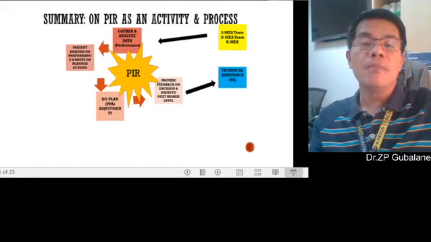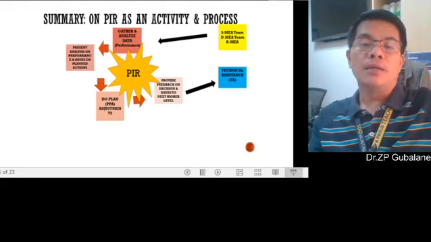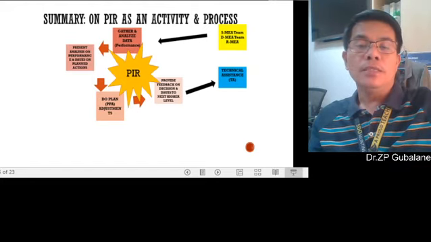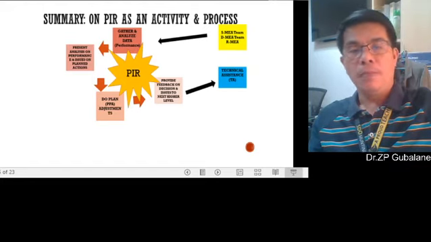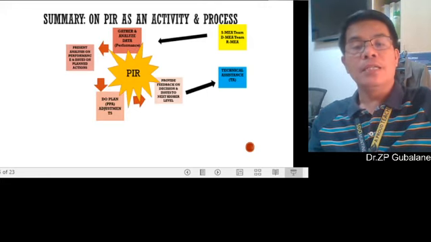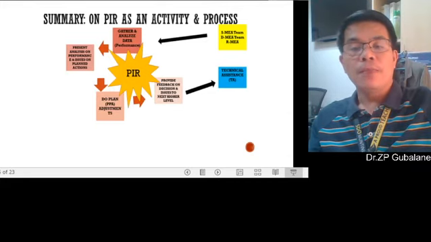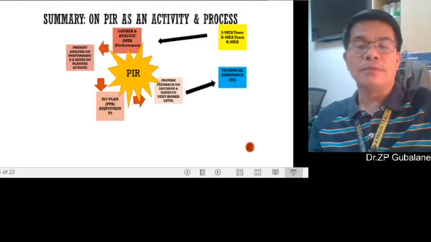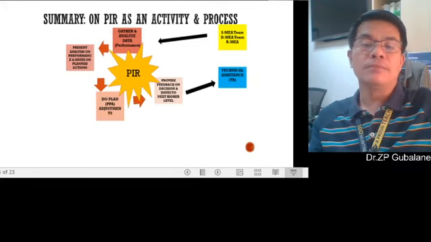That acronym refers to S, school; M, monitoring; E, evaluation; A, adjustments. So it is school monitoring, evaluation, and adjustment.